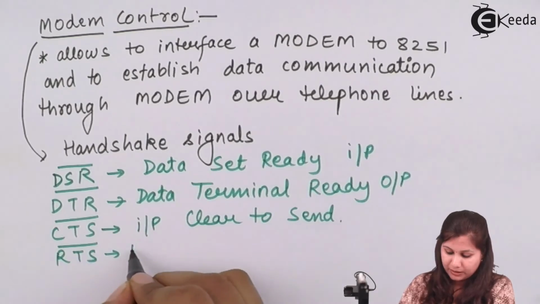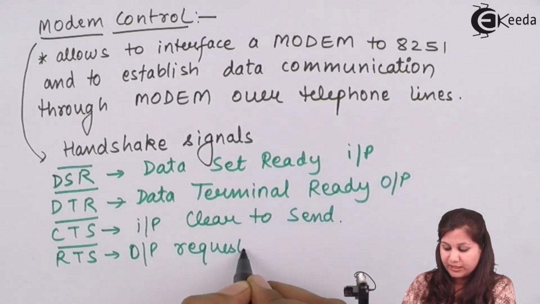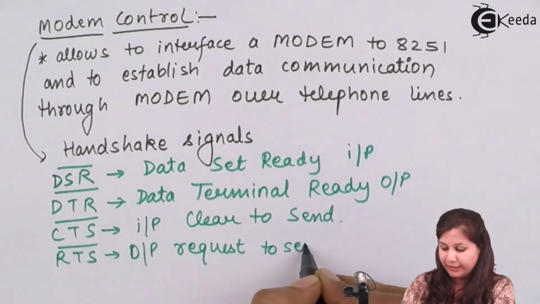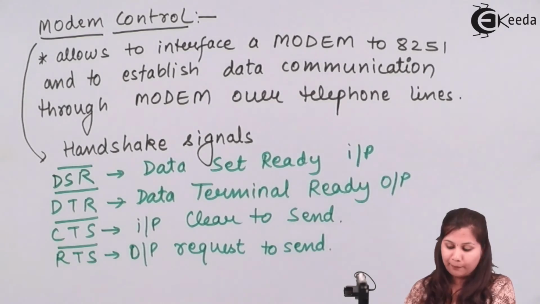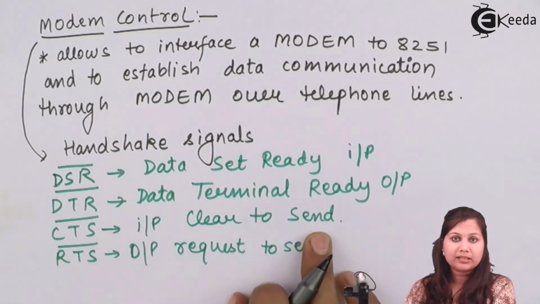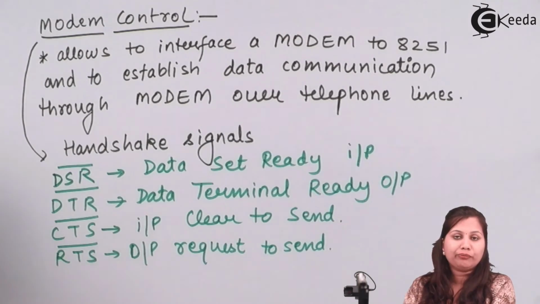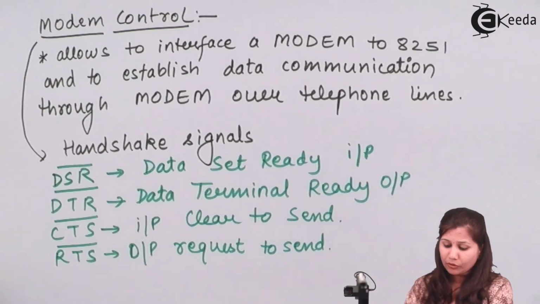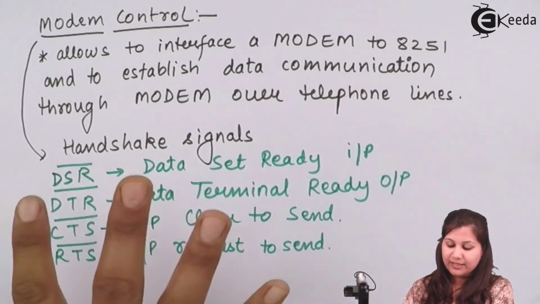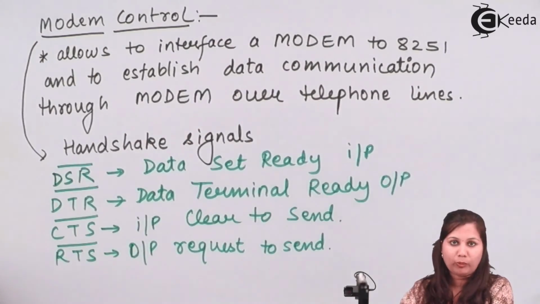And RTS is an output signal which is request to send. So this is a request sent by the 8251 to the modem that now you can send the data, and clear to send means that the modem is telling the 8251 that you can send the data to the peripheral device. Okay. So these are the handshake signals which are used when a modem is interfaced with the 8251.